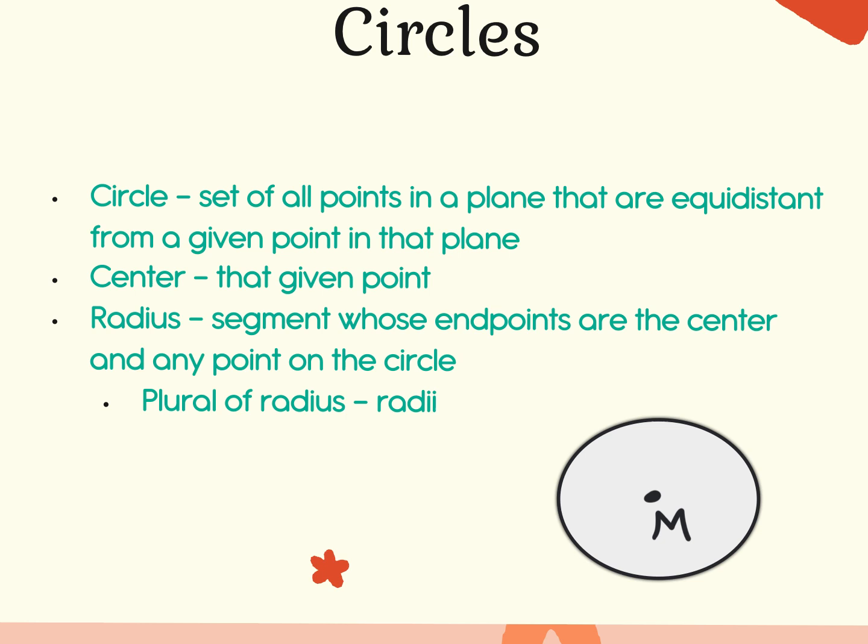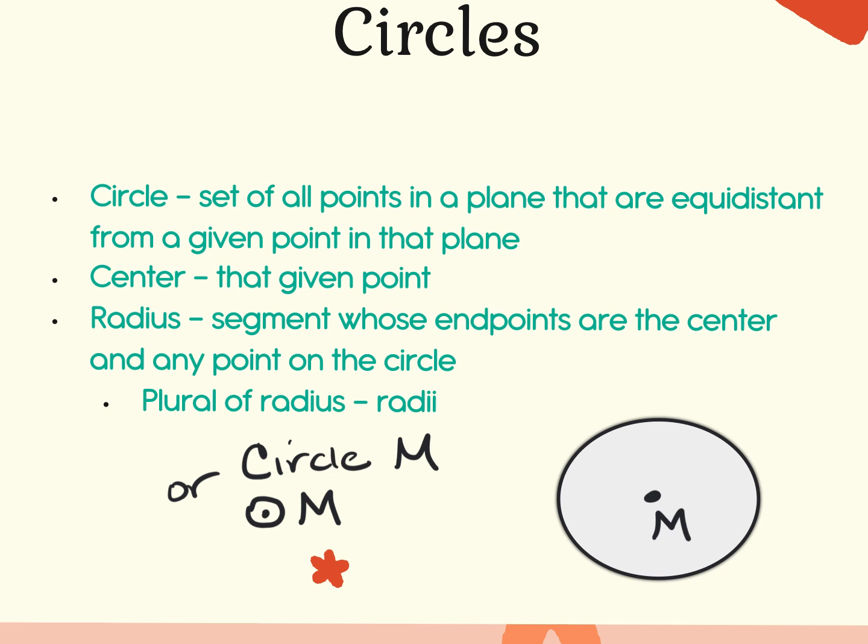It's point M. So when I go to name this circle, I can either write out the word circle and then put the center point, or just like we did with triangles, where we would draw a little picture of a triangle and then put the 3 vertices, you can also draw the picture of a circle, with a center point, and then tell what that center point is. So these are 2 ways that I could name this circle that is pictured here.